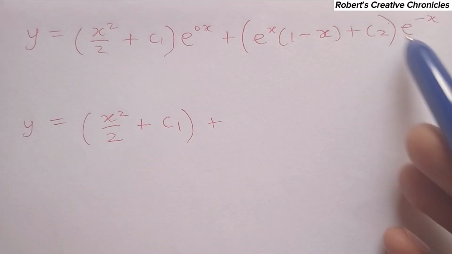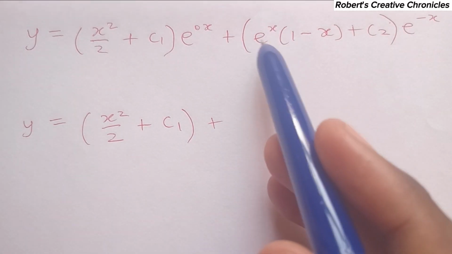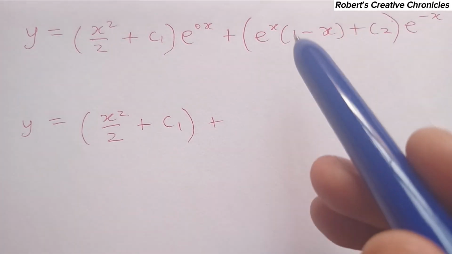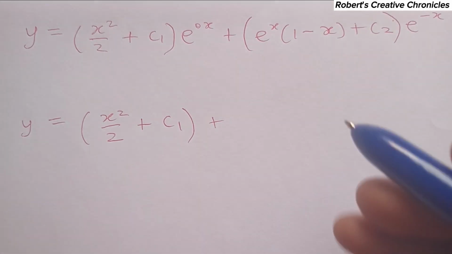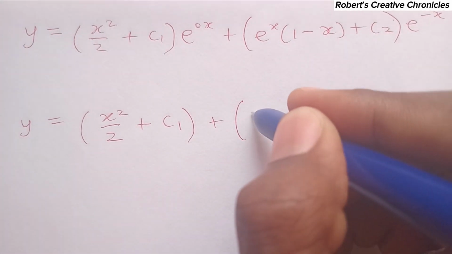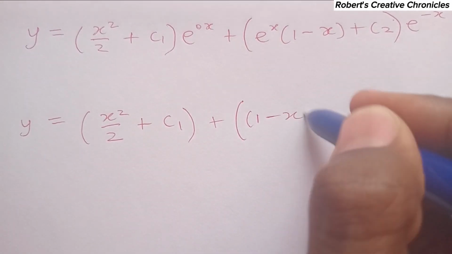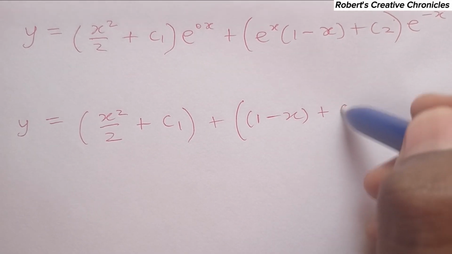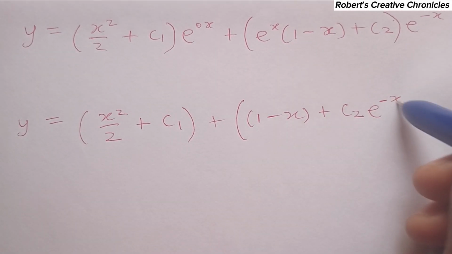Exponential negative x times exponential x is exponential x minus x, which is exponential 0, which is 1. So this will be 1 minus x. Then exponential negative x times c2 is c2 exponential negative x.